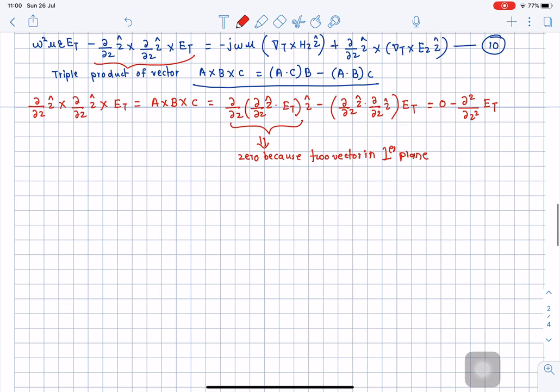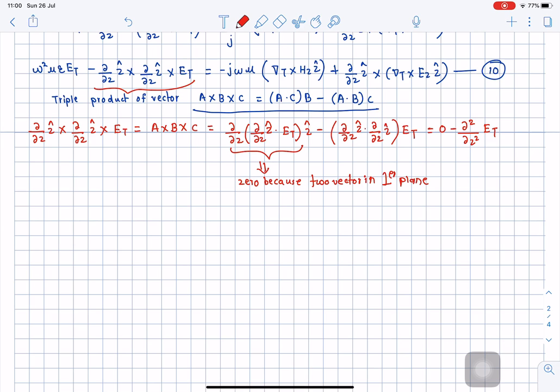Similarly, on the right hand side of this equation, we will apply this vector triple product in equation 10. Here, when we apply the same rule, dabba by dabba z of z cap is the first vector, the second vector is del of t, and the third vector is Ez z cap. Consider this as A cross B cross C and apply the triple product identity.